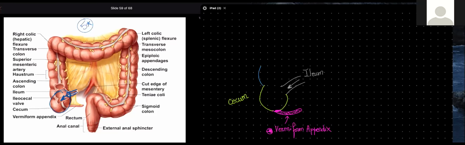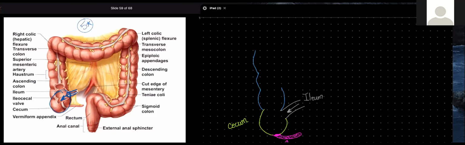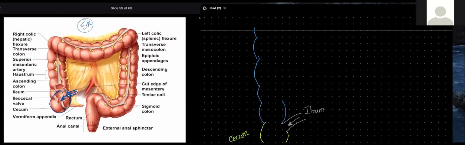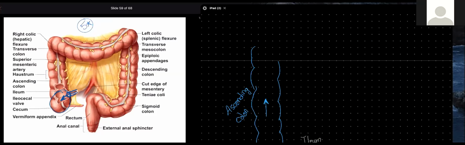The undigested and unabsorbed part of the food will be conducted from the cecum upwards. This part of the large intestine is what we call the ascending colon. It's going to be traveling up, carrying the undigested and unabsorbed part of the food upwards in the colon.